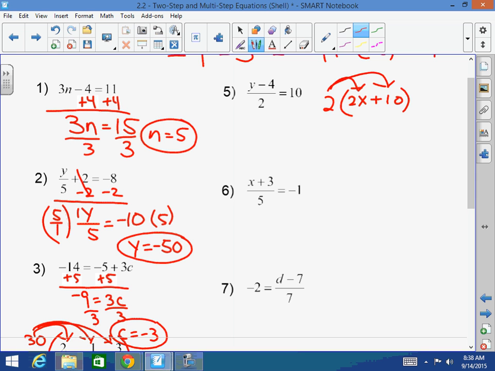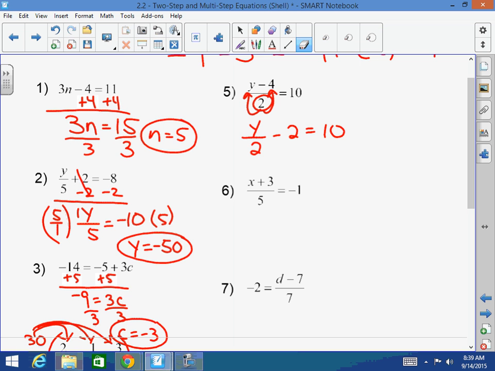Well, the same thing would happen with division. Since I have this y minus 4 being divided by 2, this 2 is really going to the y and the 4. So technically, this is really y over 2 minus 2 equals 10. And then you can go ahead and solve using the two-step procedures.